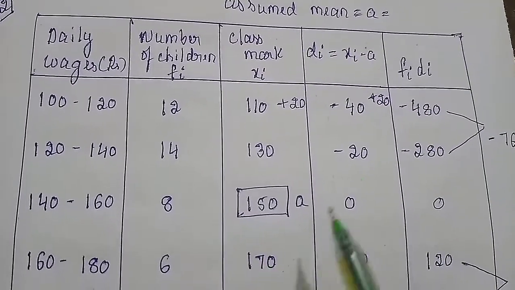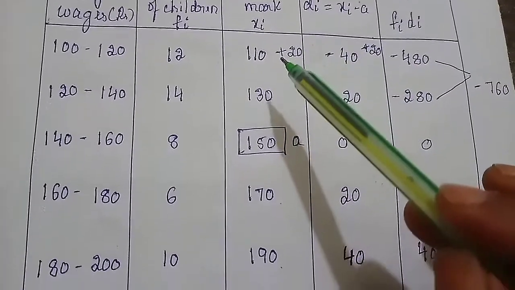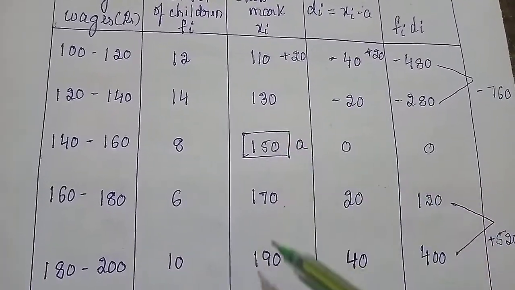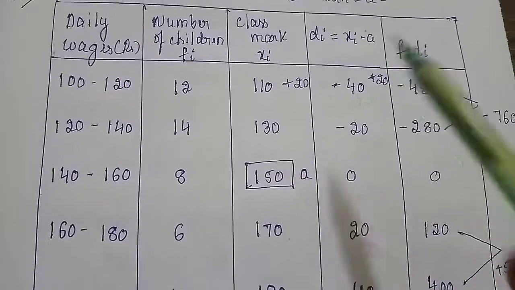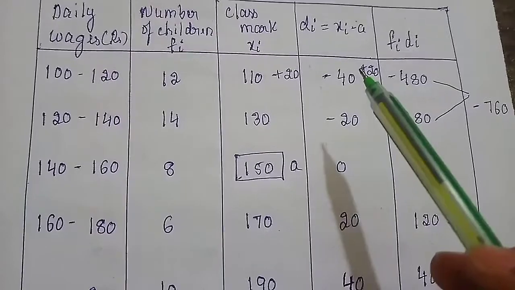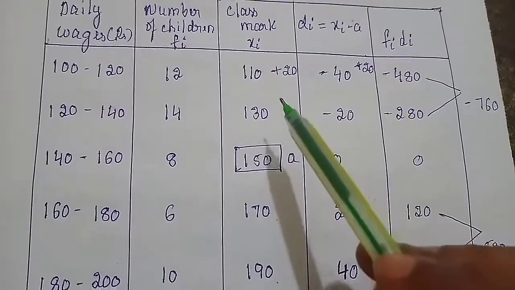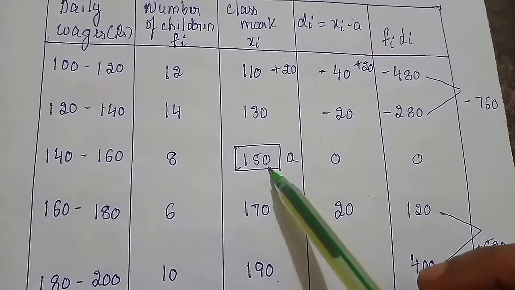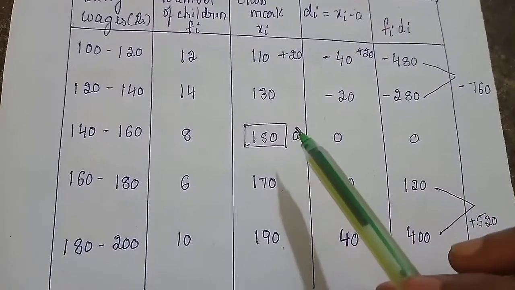Then the question arises: I have to take a from xi, but you can see many values under the column xi. Which number do I have to take as a? So that is the question. For better calculation and simplification, we have to take the middlemost observation. If the number of observations is odd, you will get 1.